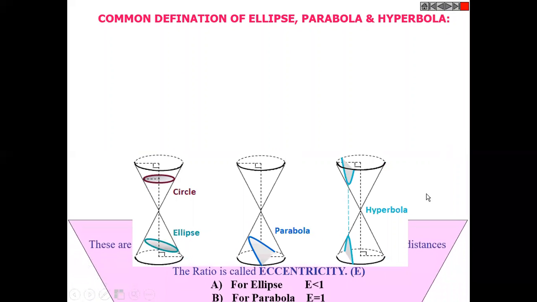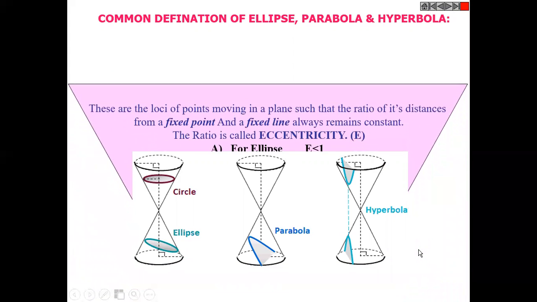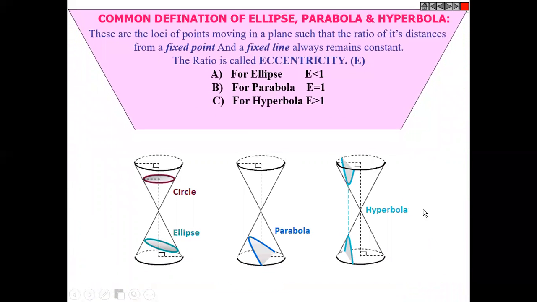Next, these are the common definitions of ellipse, parabola and hyperbola. Generally we define them on the basis of eccentricity. First of all, what is meant by eccentricity? These are loci of points moving in a plane such that the ratio of the distance from a fixed point and a fixed line always remains constant.